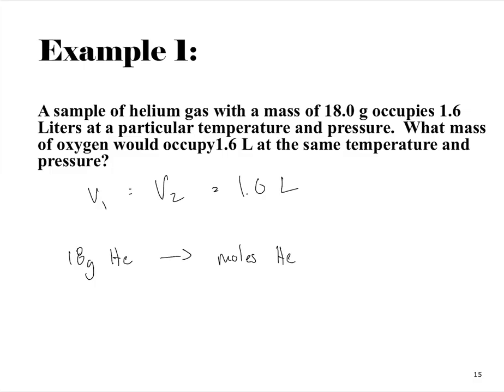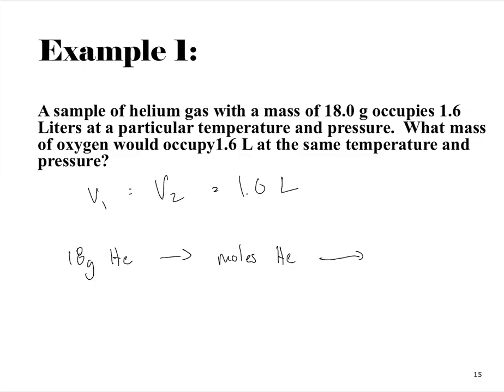And once we convert to moles of helium, we know the same number of moles of oxygen gas will occupy the same space. Why? Because we don't distinguish between moles of different gases, right? 1 mole of oxygen gas, according to an ideal gas, is the same thing as 1 mole of helium gas, right? They're both massless point particles that don't interact with each other.